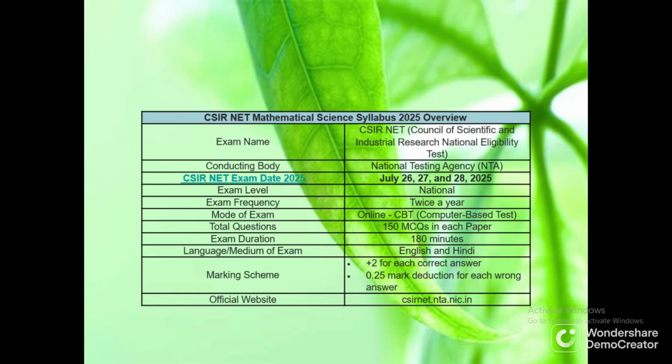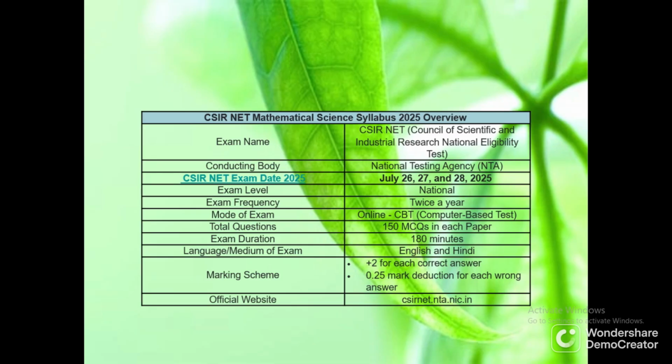The conducting body is NTA, the National Testing Agency. The exam level is national, the exam frequency is twice a year, and the mode is a computer based exam with 150 MCQs in each paper.